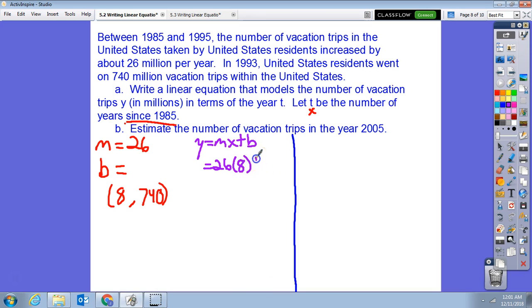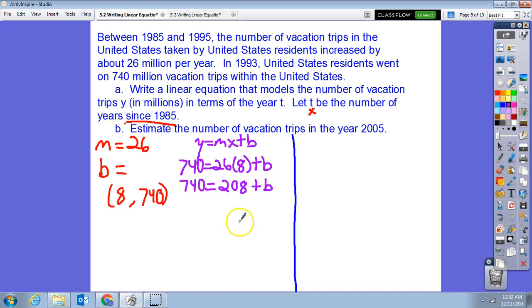I know that my Y value from my point is 740, but I don't know b, so that's what I'm trying to find. So I multiply 26 times 8. 26 times 8 is going to be 208. You can use a calculator if you need to.